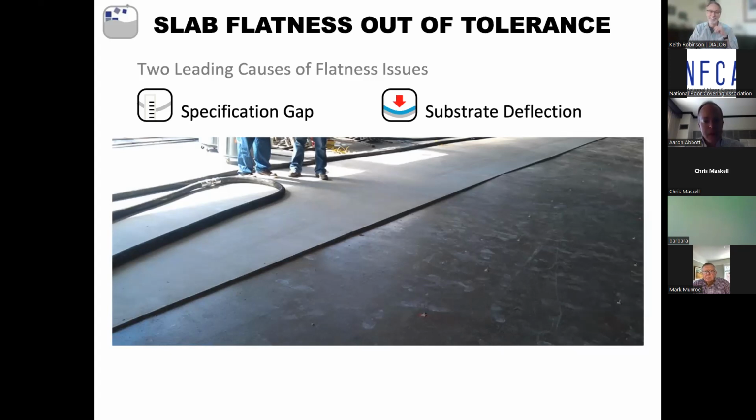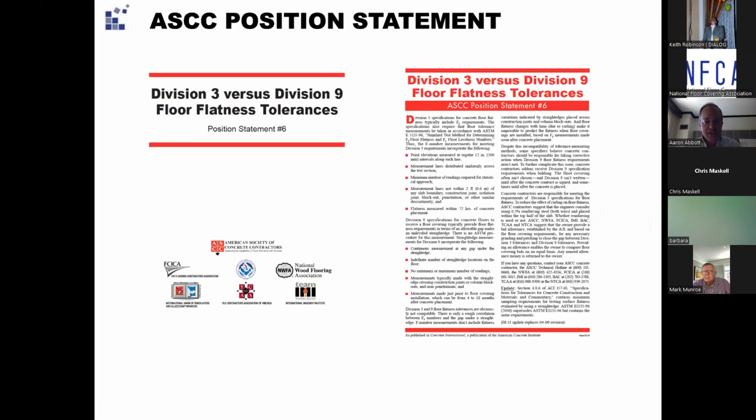So, something interesting to point out is that all sorts of different vantage points in this industry, from the concrete people to the floor covering people to the general contracting community, are all thinking about this. And I just want to show a position statement that some of you may have seen before.